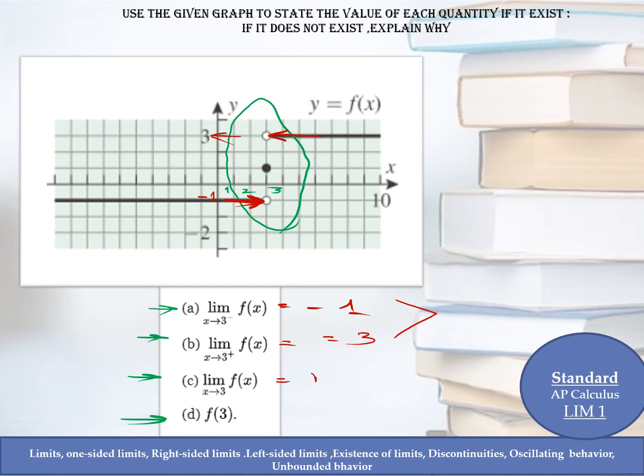So the answer is the limit does not exist. Now, for f of 3, no matter whether there is a line or not, you have to read where my shaded point is. So on this specific 3, where is the shaded point? Here is the shaded point. So what is the value of this one? This is equal to 1.